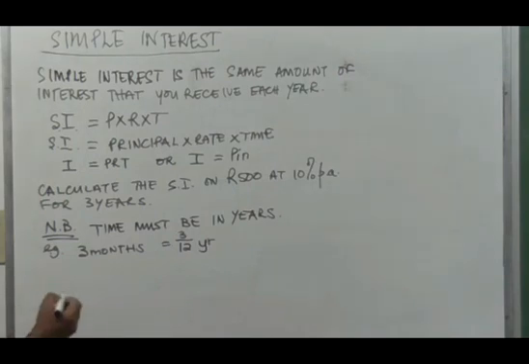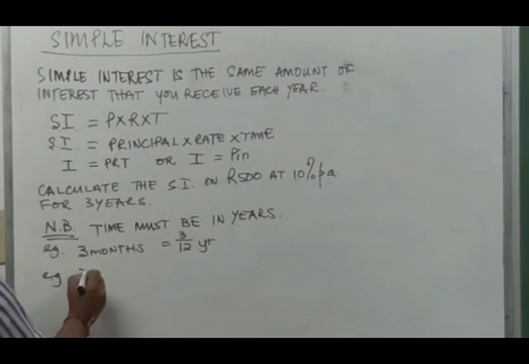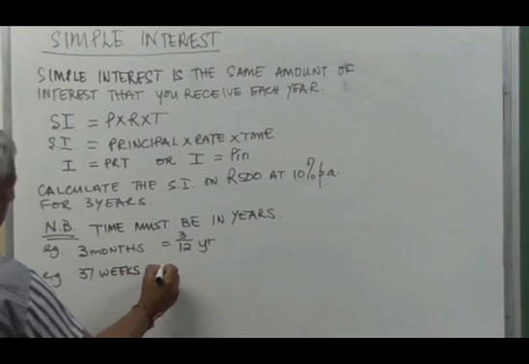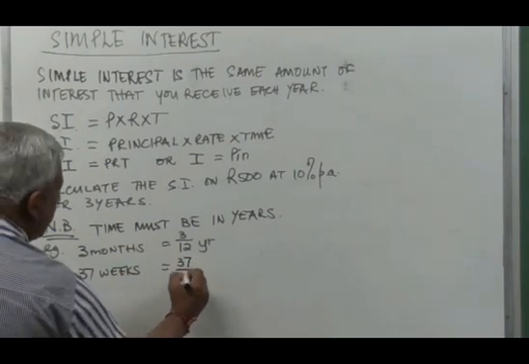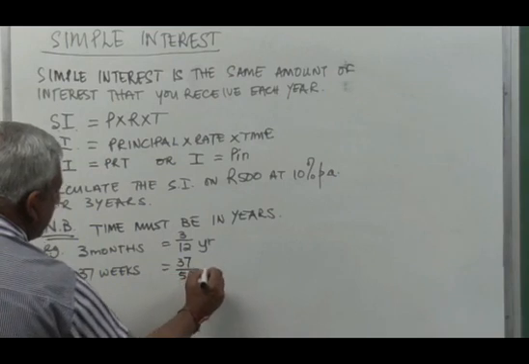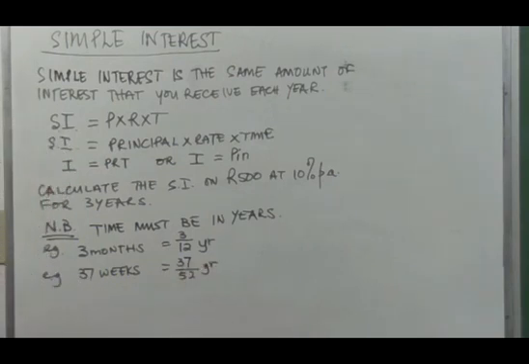If you are given weeks, for example, 37 weeks, then you divide by 52, because there's 52 weeks in a year. So it will be 37 over 52 years. And let's suppose you can have another example.